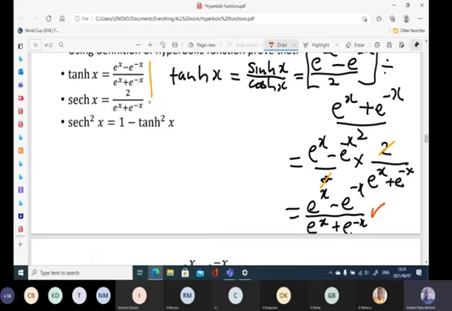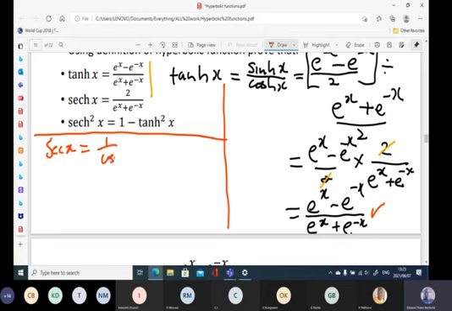Similarly, for the second one, we know that from the hyperbolic side, sec x is equal to 1 over cos x. So hyperbolic sech x is equal to 1 over cosh x.